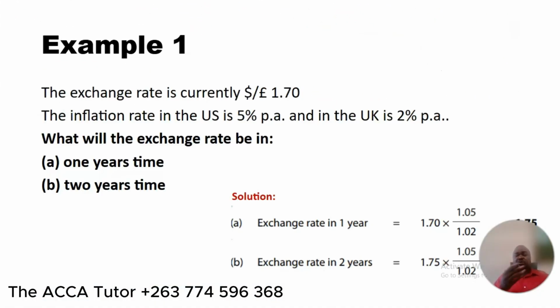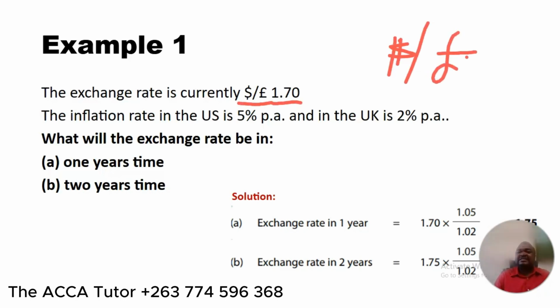We're given an exchange rate which is currently dollar per pound. The inflation rate in the US is 5% per annum, and in the UK is 2% per annum. So you need to understand the quoting. The quoting is given as dollar per pound.